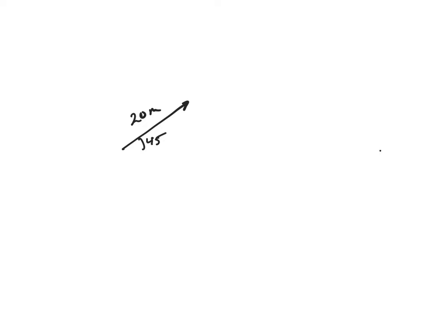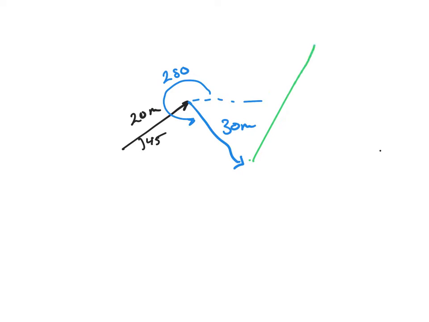And then the next one, they travel 30 meters at, say, 280 degrees. And then it travels, let's say, 80 meters at 30 degrees. All right, and so what you have to ultimately do is determine the net displacement in this case.